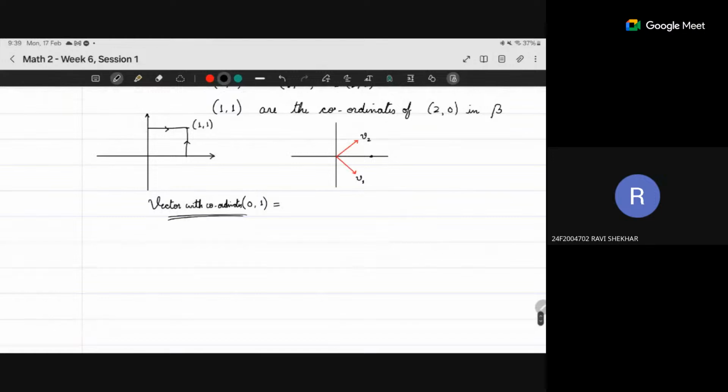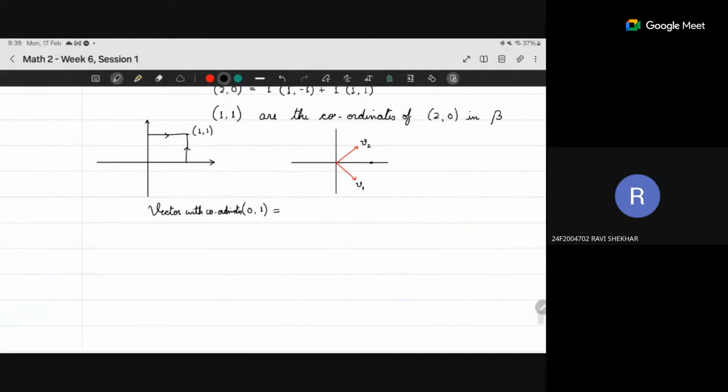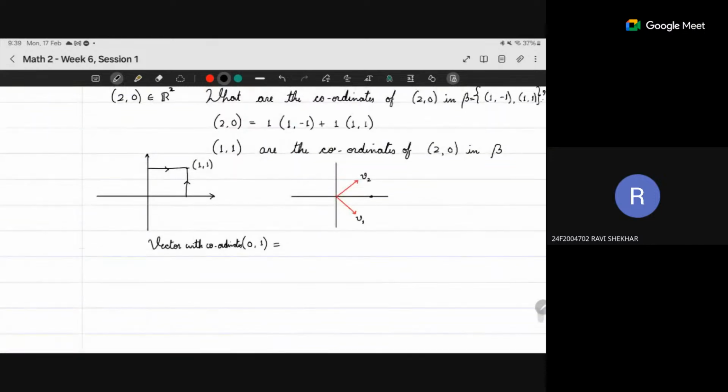Now here what I'm asking is what is the vector with the coordinates 0, 1? I'm not asking what are the coordinates of the vector 0, 1 in the warped system, in the new system. I'm saying consider the vector with coordinates 0, 1 in the new system. What is it in the old system is my question. So basically, what can be formed? You're asking something like that, right? Yeah, so this is just 0 times 1, minus 1 plus 1 times 1, 1. And this is 1, 1.